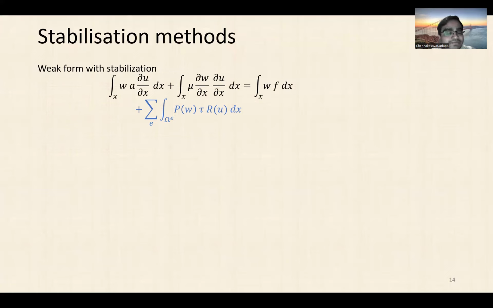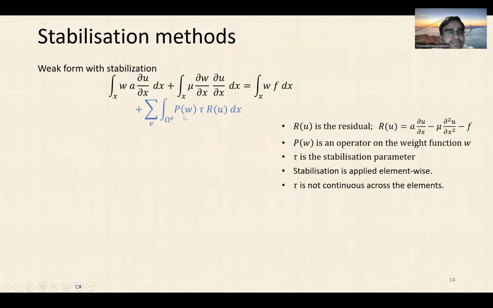Now notice the difference here. In the standard weak form, we have the integral over the whole domain, where our coordinate is x. Whereas in the stabilization term, our integral is over each element omega e, and we sum over all the elements. So this is what we do in the stabilization method.